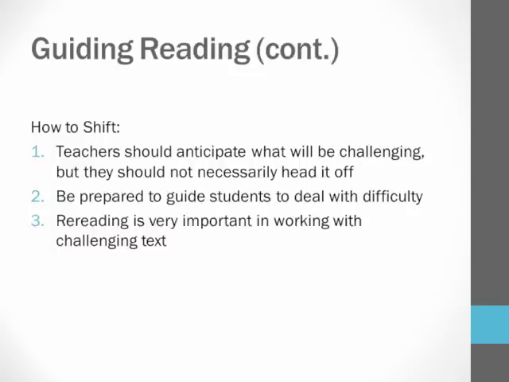And you could try to get out in front and tell the kids about those ahead of time so that they're not confused by them or they don't fail to notice them. But sometimes what you want to do is you just want to anticipate. You want to recognize that those are going to be problems or potential problems, and then maybe ask the youngsters a question when you get to that point in the text, where they can reveal whether they're understanding what's going on or not, and if they don't, then maybe you break down that sentence and look at it together and try to figure it out.